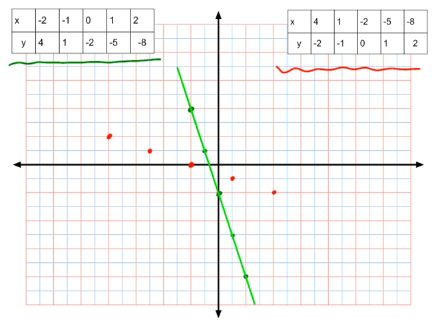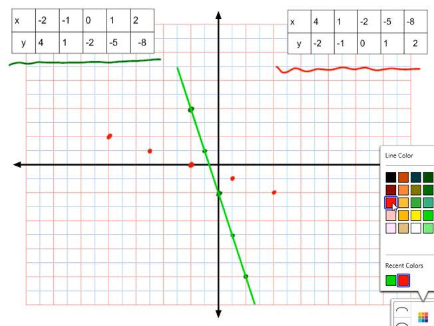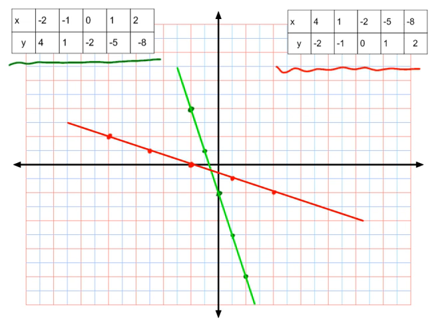And we draw a line through these points. And these are what the inverse of functions look like. It's not like they're perpendicular or anything like that, but this is what inverse linear functions look like.